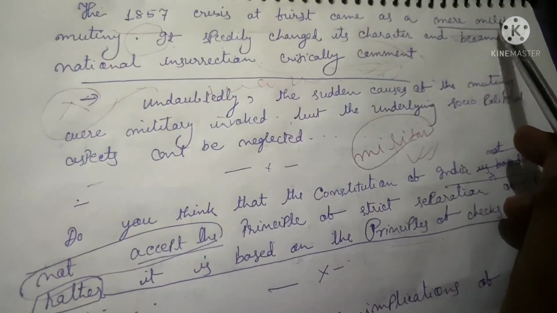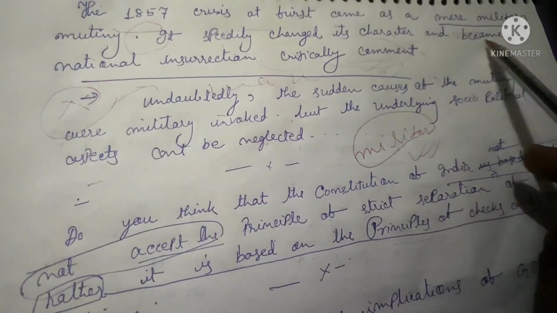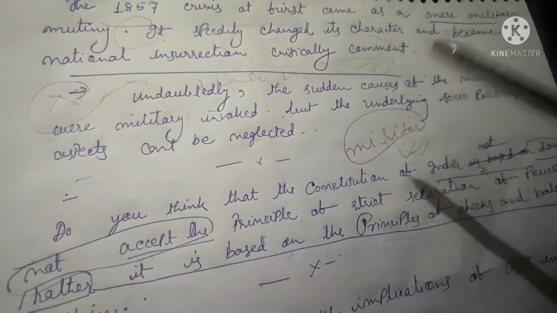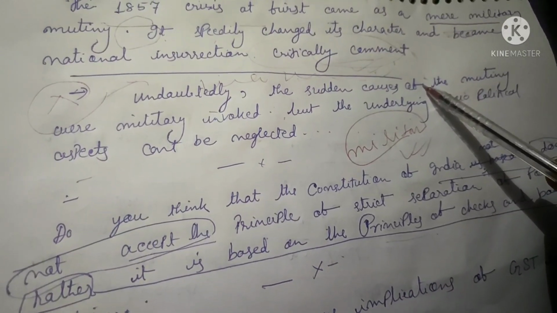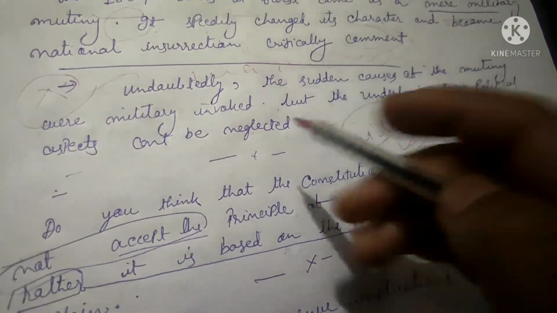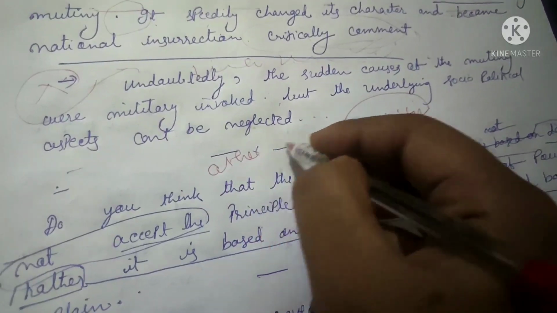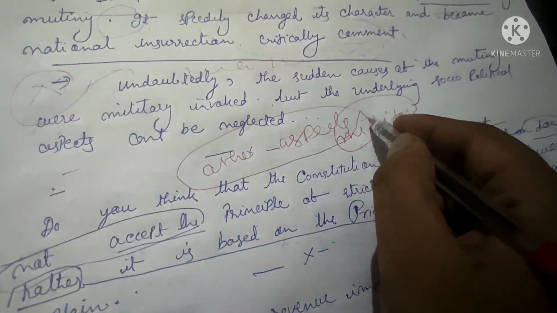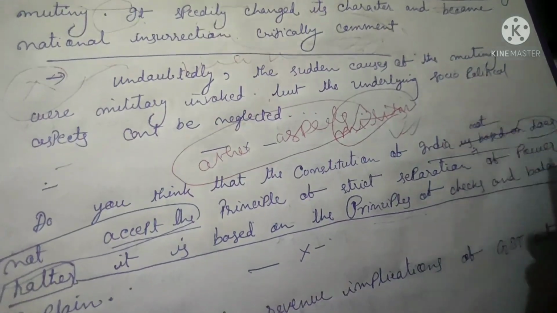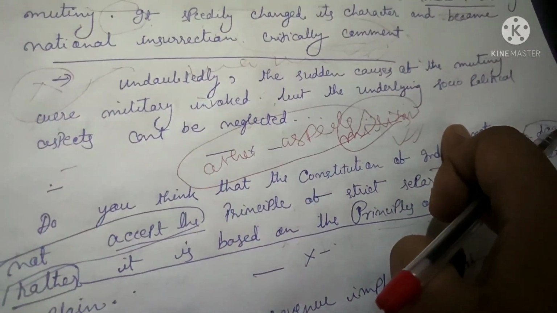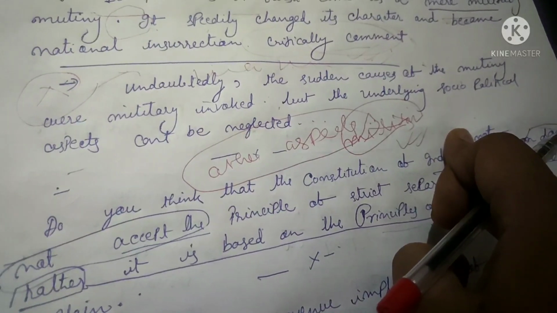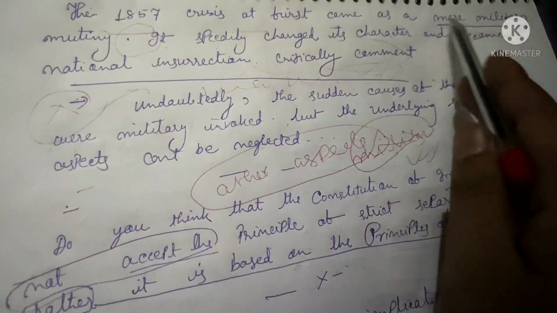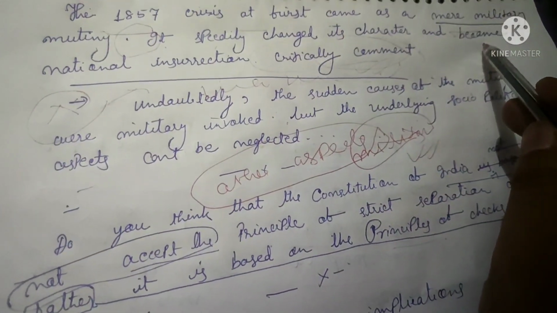The question says it is a mere military mutiny, but as a part of constructive criticism or multidimensional answer writing, you have to give an insight into other aspects as well, where a kind of constructive criticism is necessary. But while doing this, you cannot reject a point of the question.